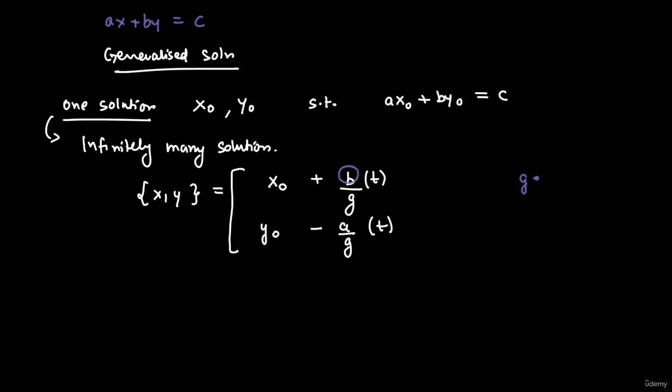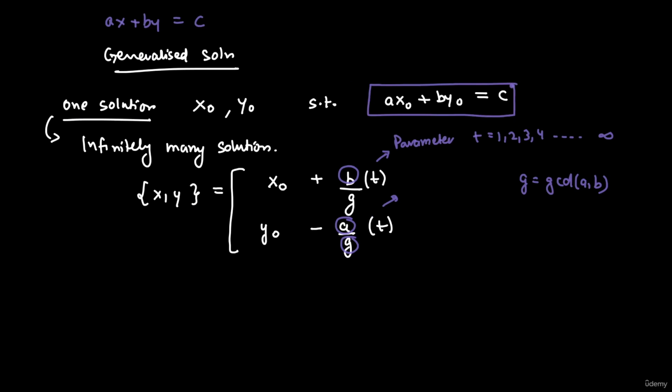G is nothing but GCD of a and b, okay? A is already given in the question. And what is t? T is a parameter, so you can put t as 1, you can put t as 2, okay? So t can take infinitely many values, and you will get an infinite number of solutions that will satisfy the above equation.